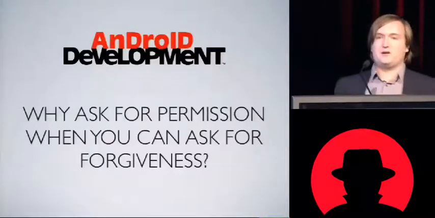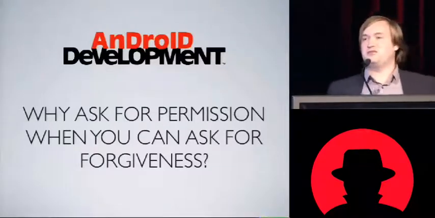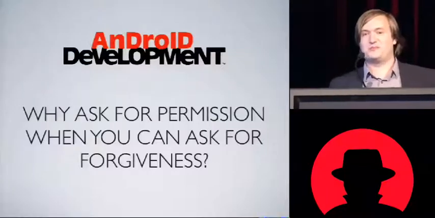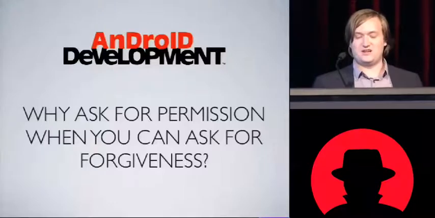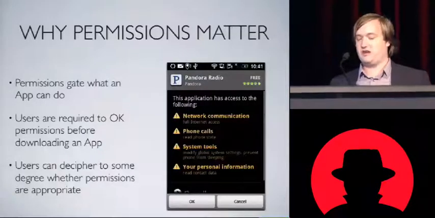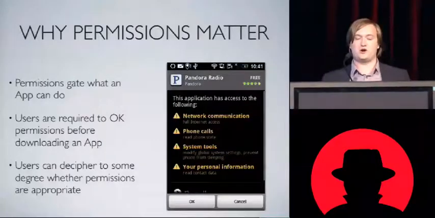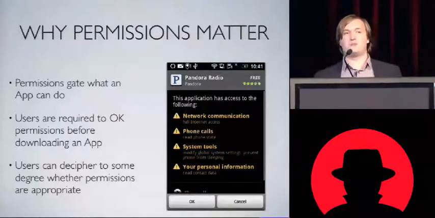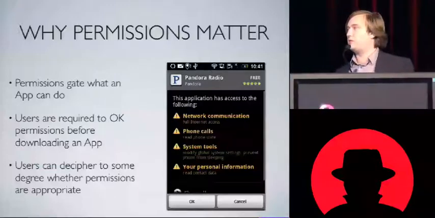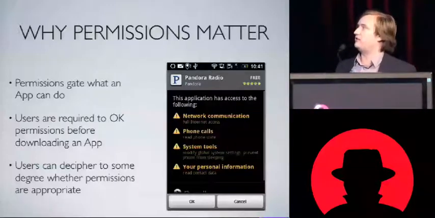Thank you, Anthony. So now we move on to Android development. My motto here is, why ask for permission when you can ask for forgiveness? So why are permissions important? Permissions gate what an app can do, and these are actually user visible. So I pull out my phone, I access the Android market, I click on an app that I want to download, and I see a screen like this.